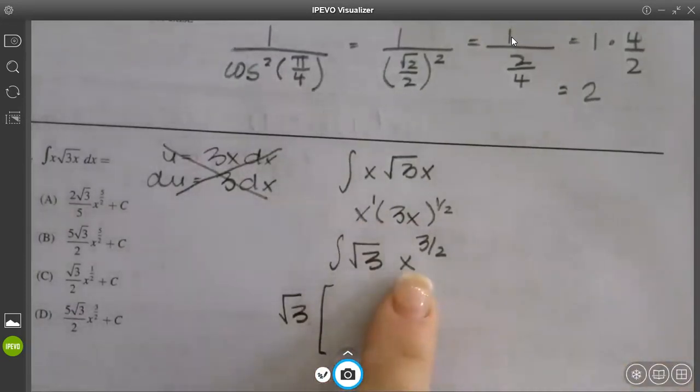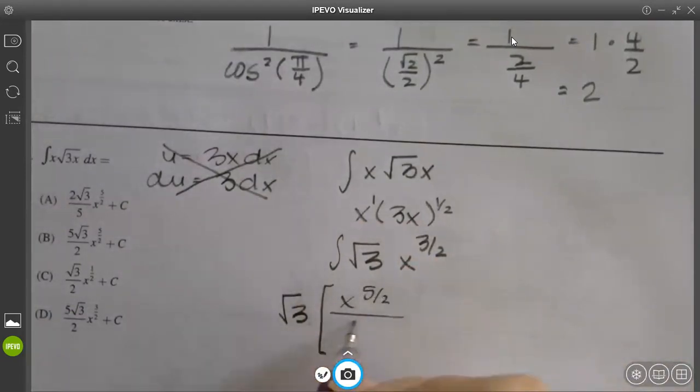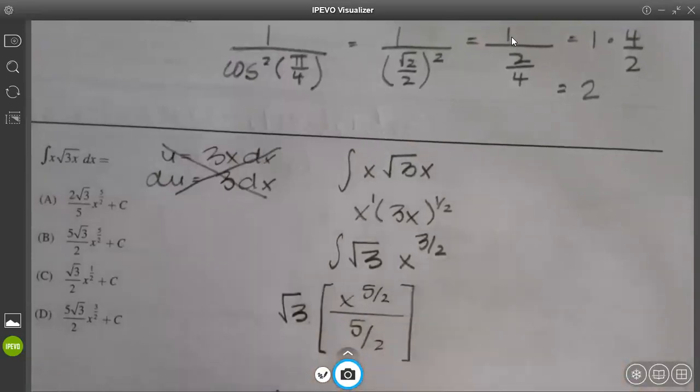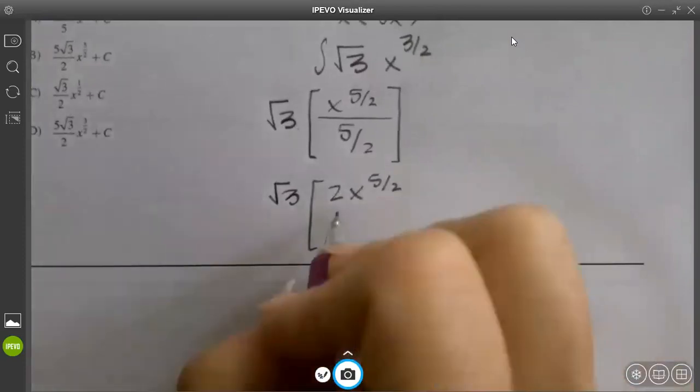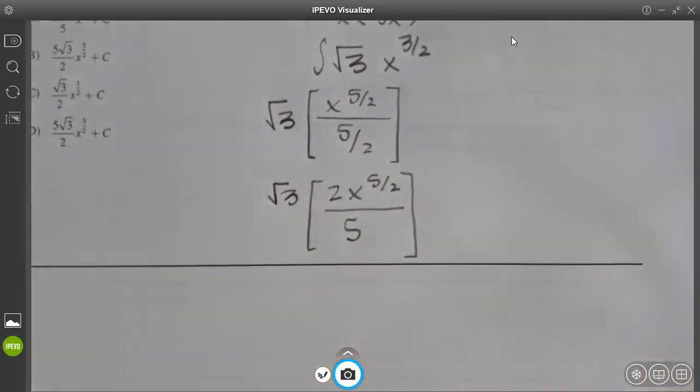What is the integration of x to the 3/2? X to the 5/2 over 5/2. We get the square root of 3 times your 2 is going to come to the top. Looks like this.